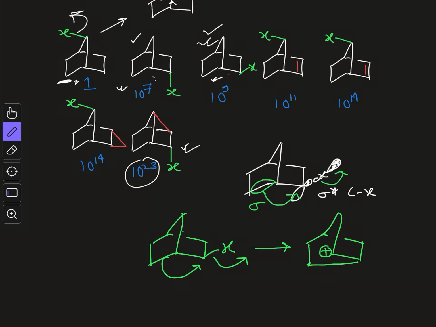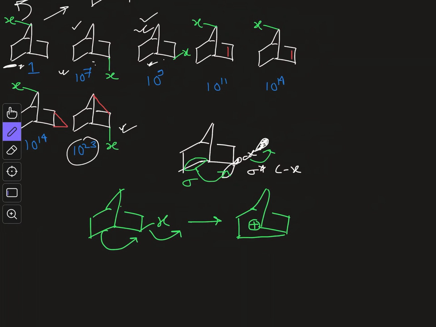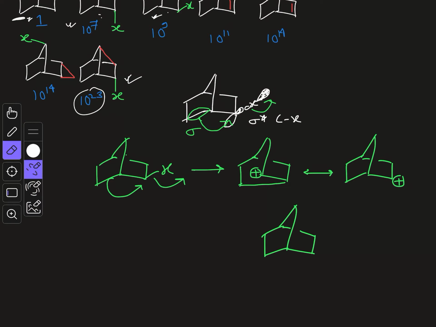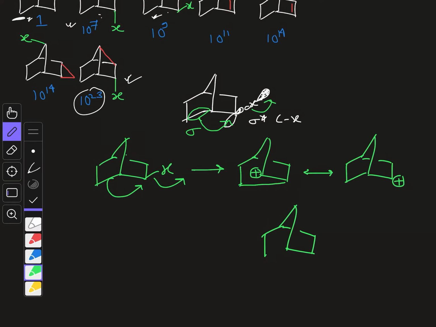Now this is one possibility, and there are actually resonance structures between these two, and you can have something like this also, which is the initial carbocation. So it is a resonance stabilization between these two structures, and if I write down the resonance hybrid, it will look something like this.